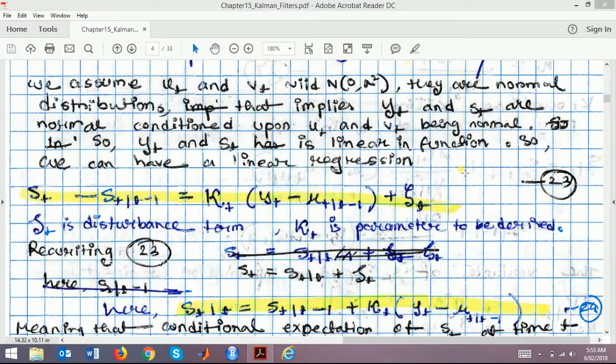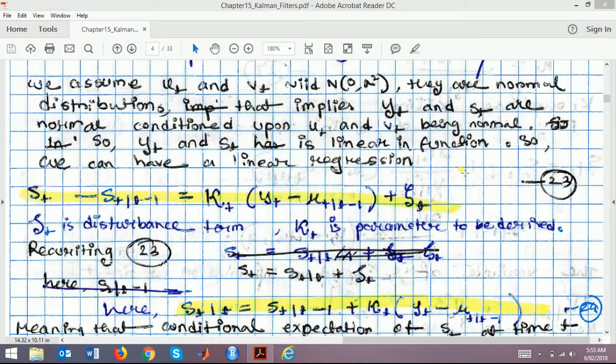So initially we had phi (s0 minus s0 0) plus vt, which becomes lambda (y1 minus mu1 0) plus zeta t, and instead of phi we have kappa. Okay, we multiply the prediction error with kappa.